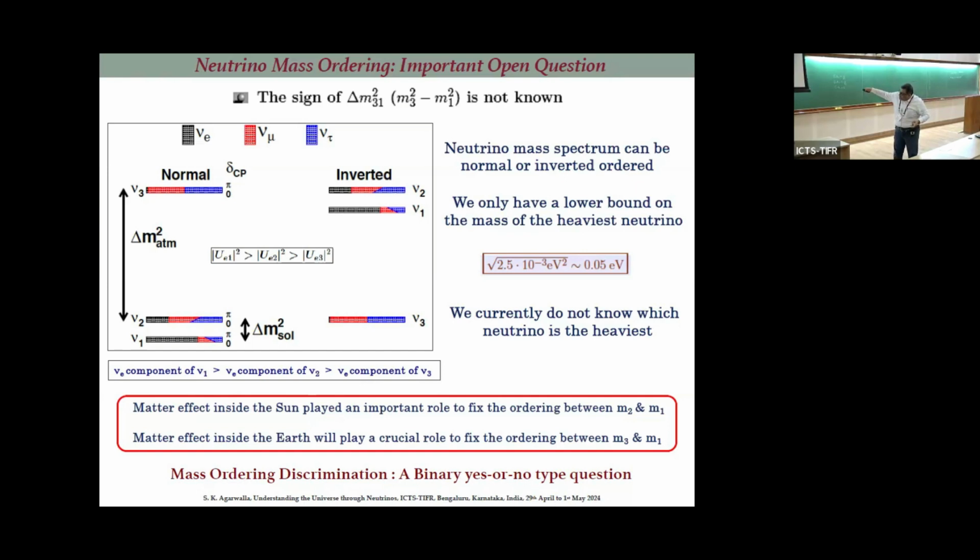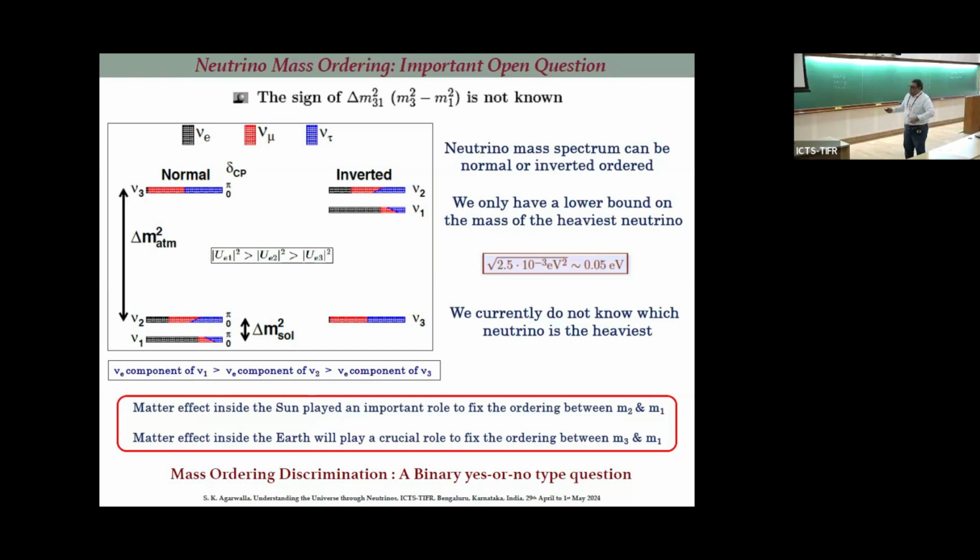Because if neutrinos are normally ordered, the largest mass splitting is delta m square 3,1, M3 square minus M1 square. But if neutrinos are ordered the other way, then the largest mass splitting is delta m square 3,2. And they have some small difference because of the solar splitting, right? In one case, it gets added up; in the other, it gets subtracted. So JUNO exploits that, and for that they need very precise energy resolution. But that's a different story.